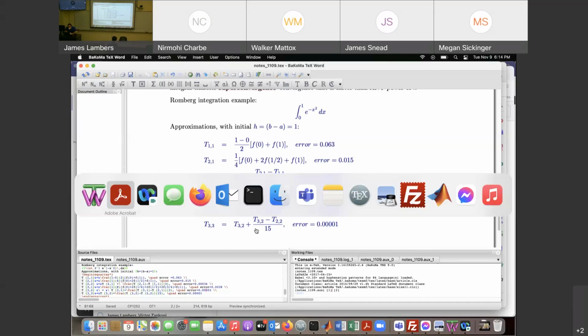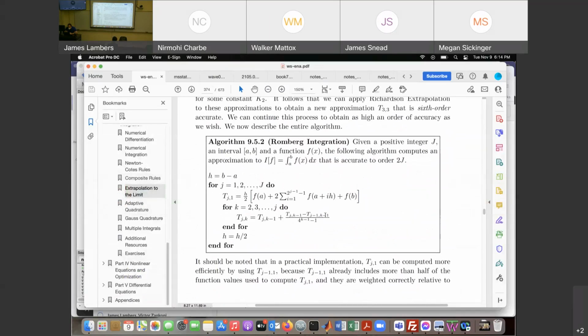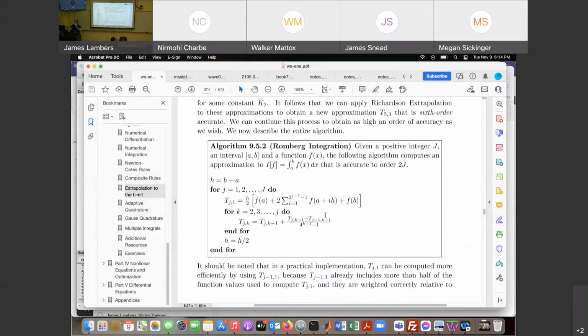If I show you the algorithm for Romberg integration, here it is, that can be translated fairly readily into MATLAB. Now, the way it works is you're filling in this matrix T, capital T. When you're filling in the entries in the first column, those are for composite trapezoidal rule approximations.